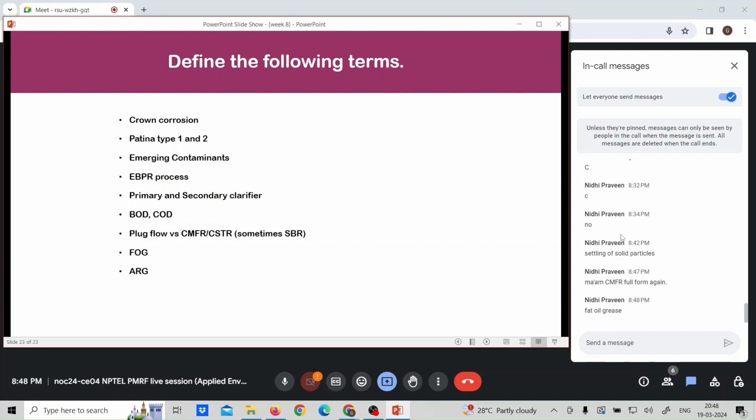ARG, very simple question again. Antibiotic resistant genes. Fine. That's also a very emerging topic in the field of environmental microbiology.